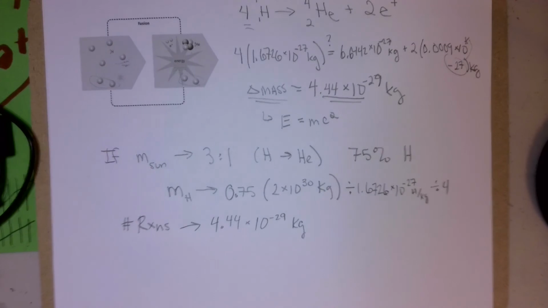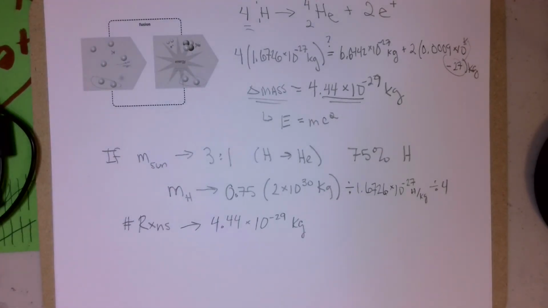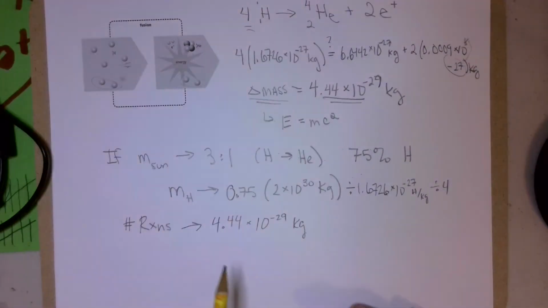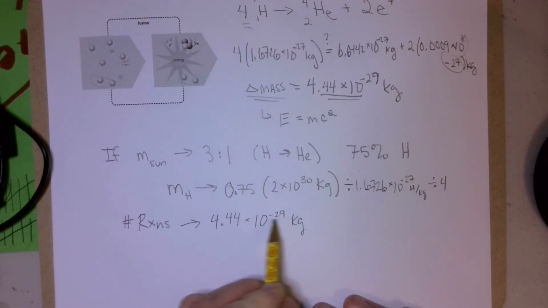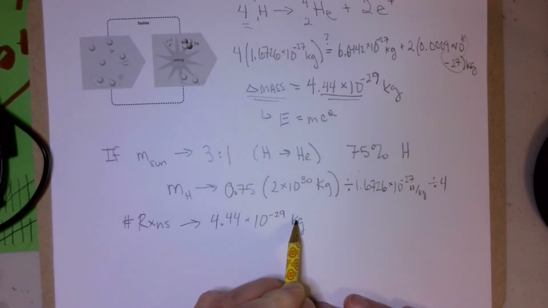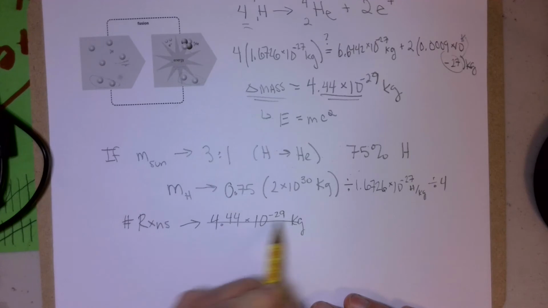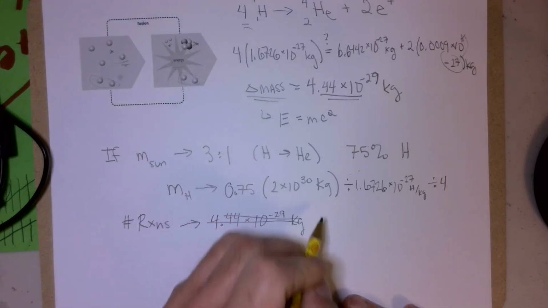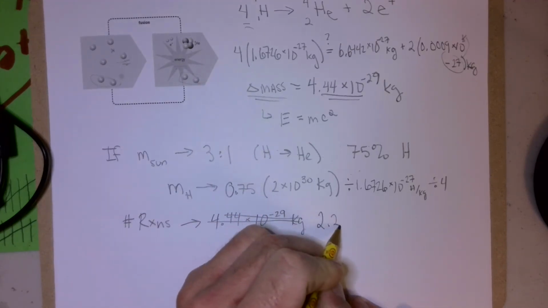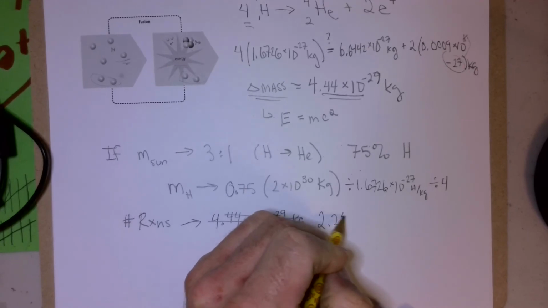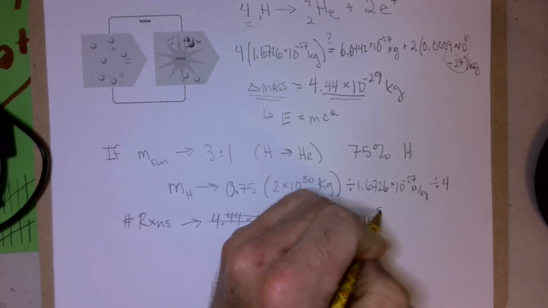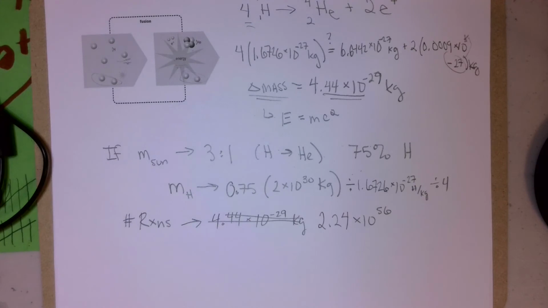And then I'm going to take that. Sorry, I wrote down the wrong number. This is the number of reactions, which is a large number. It's 2.24 times 10 to the 56. So that's how many of these reactions I can create.